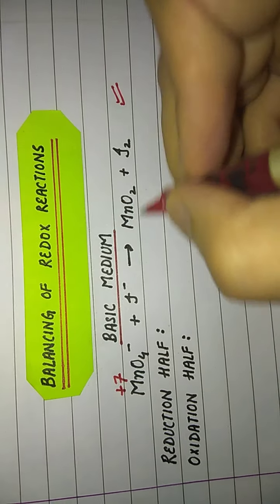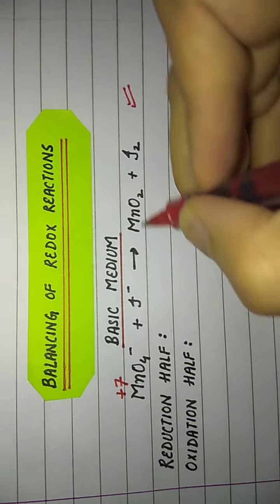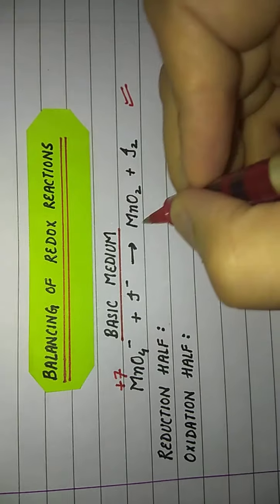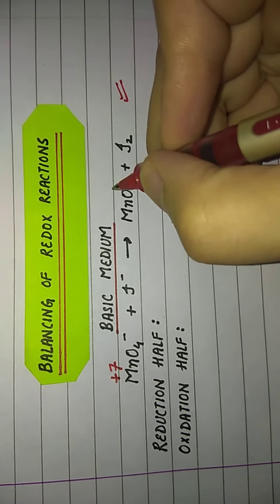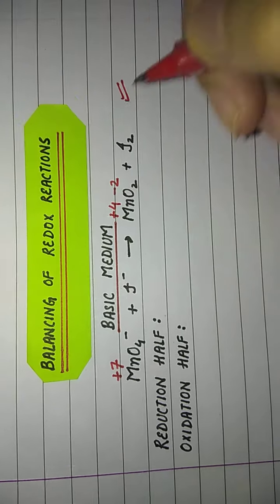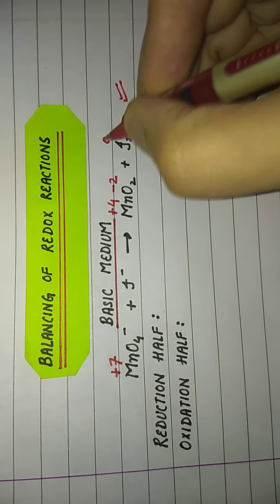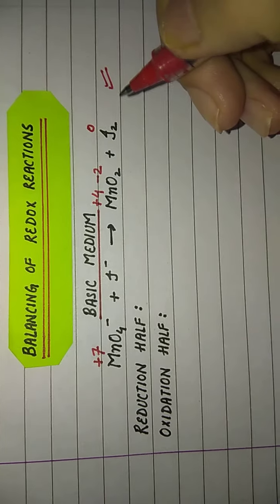And here I⁻ is clearly written with a charge of -1. Here oxygen will be -2, and if you calculate for manganese it will be +4. This is the diatomic iodine molecule, so the charge on the iodine atoms will be 0.